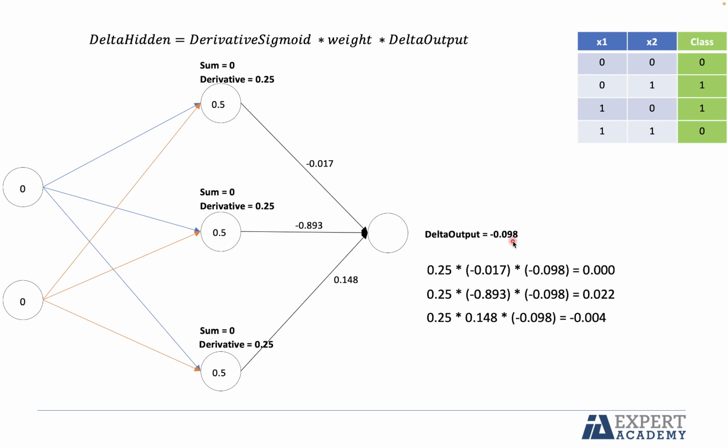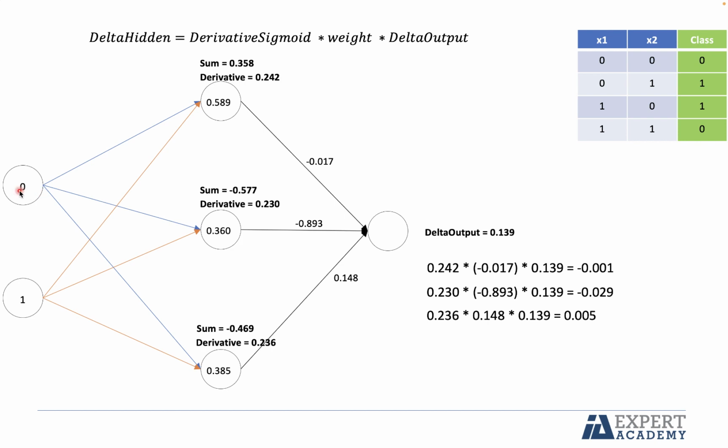Now we need to perform the calculations considering the other rows. We can see here 0 and 1, the second row, the corresponding derivatives, and the equation. Just a reminder again, you can pause the video to check the values in detail.